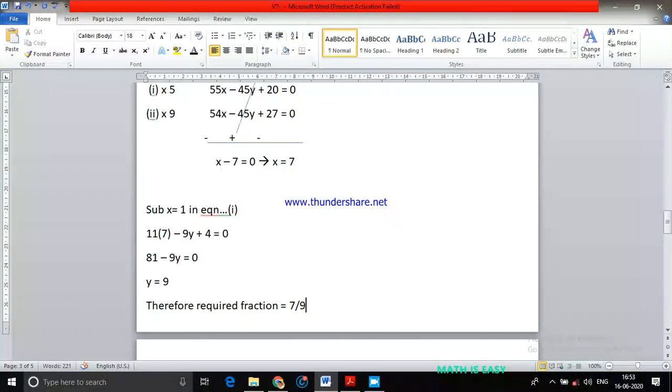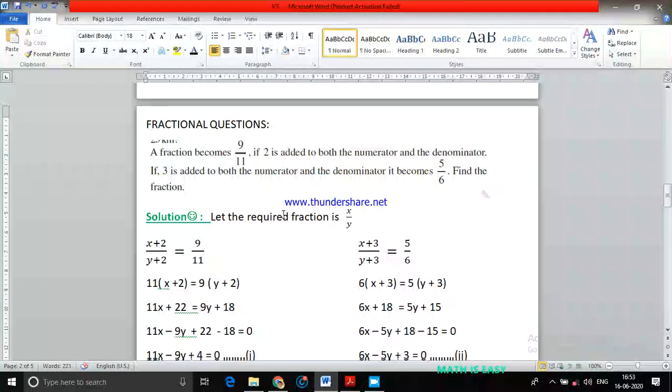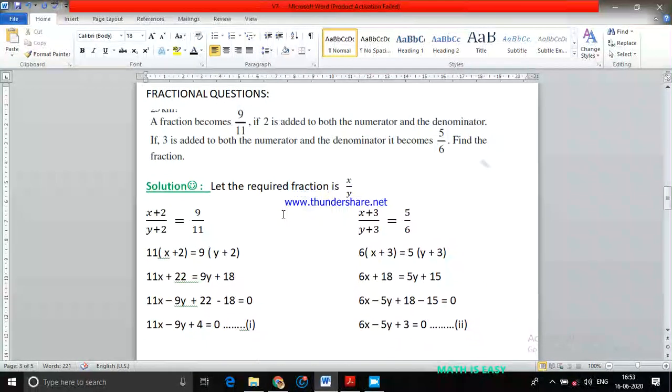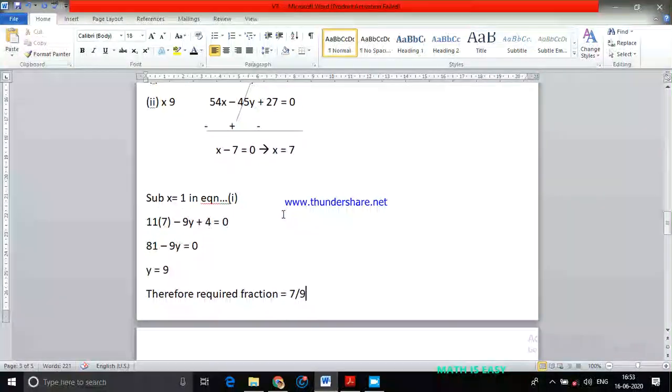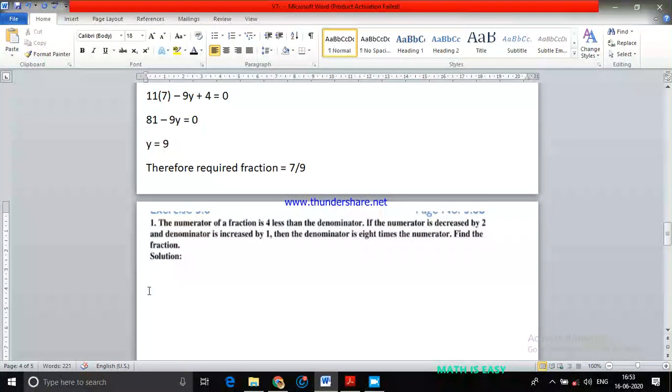So this conclusion step also is important to write. Okay. So this is how you solve the word problems based on fractional questions. So you have to read the question carefully, understand it, then you have to make the changes. Now let me solve another question for you.